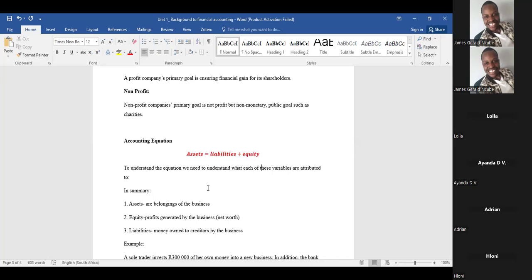And whatever I did not contribute to the business becomes the liability that I owe to whoever assisted me to start a business. You'll notice that when we go deeper, I'm sure Donnie will explain this to you maybe next week when he gets deeper into the other materials, right? You will notice that equity increases whenever we have income in the business, and equity decreases whenever we have expenses in the business.